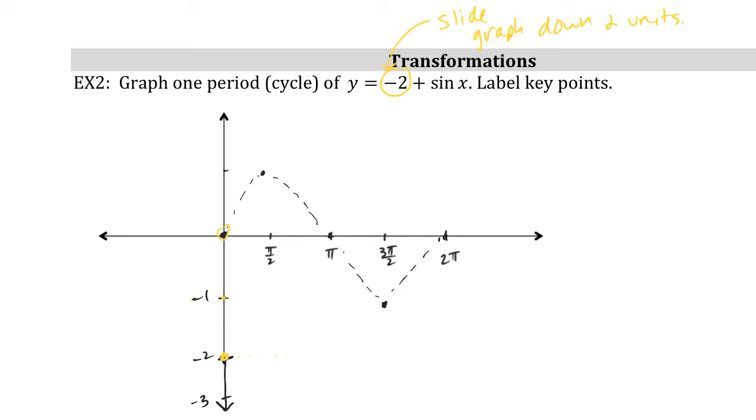And I like to draw that median line right in there, the midline. This point here originally was at pi over 2 and 1, but that's just slid down 1 and 2. So you can get our key points here and just draw the new graph.